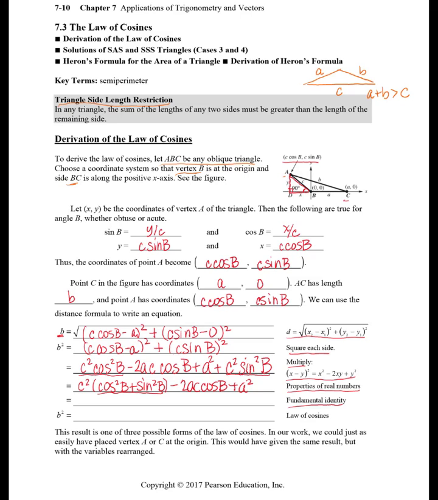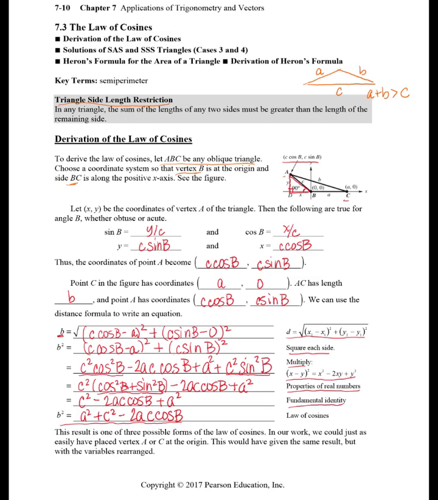Cosine squared plus sine squared is 1. We have c squared times 1, which is just c squared. And if I rearrange the terms, I'll put the a squared term first, and then the c squared minus 2ac cosine of B. So this is one form of the law of cosines.